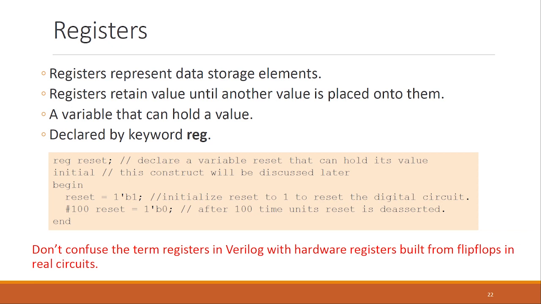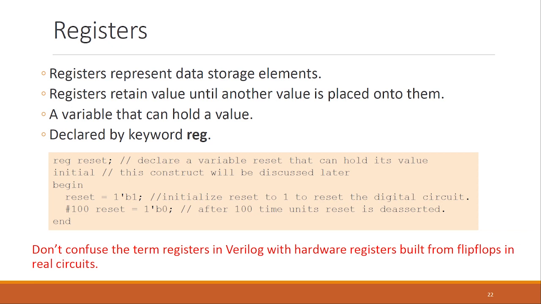So reg reset we have here declares a variable reset that can hold its value, and then you assign 1 to this reset variable. To assign a value to a register, you need to have additional constructs such as the ones given in the example: initial, begin, end. Those things are required, but we'll discuss this construct later. So for now, just ignore the initial, begin and end keywords given here.